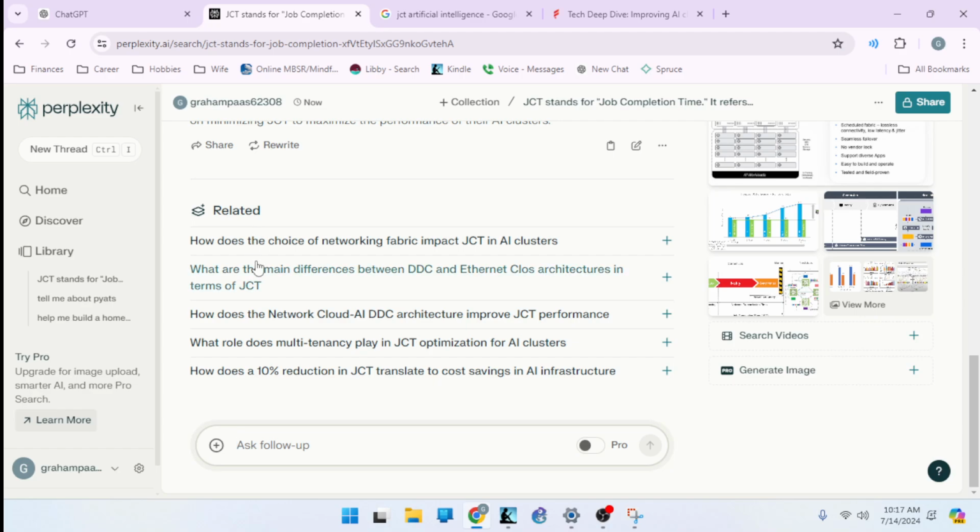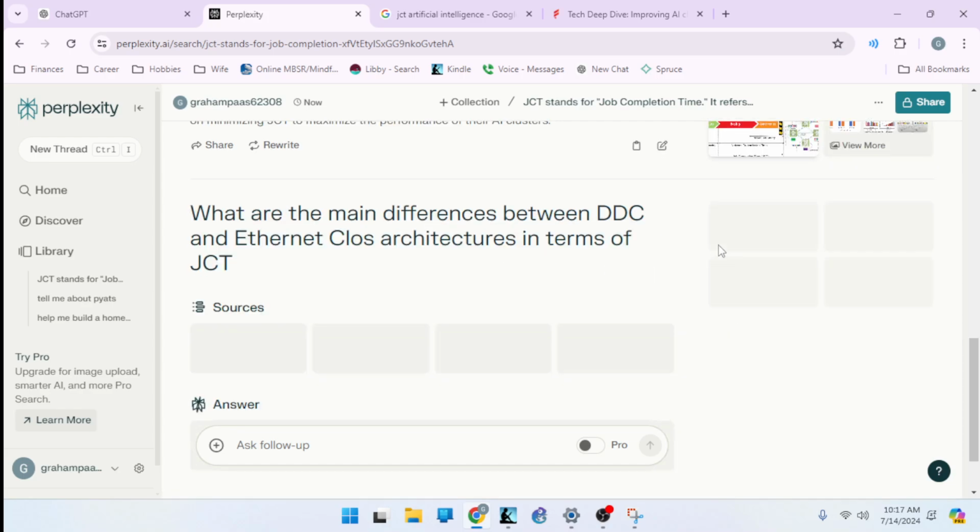And then it gives you related questions that you might want to ask if you're interested in the subject. Oh, this is a good one because I learned about Ethernet CLOS architectures before. So yeah, let's see what the answer is to this.